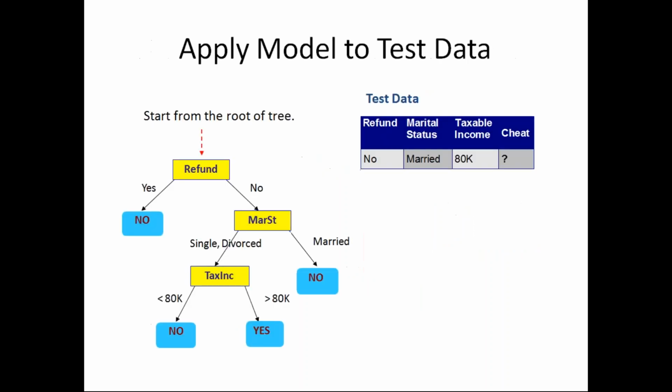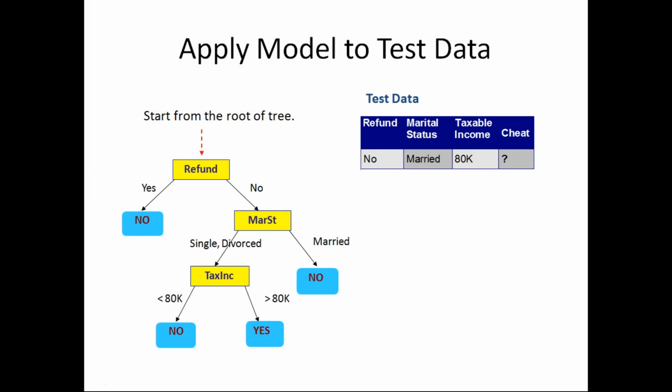Suppose you have this test data where refund is no, marital status is married, income tax is 80k, and you have to find whether cheat will be yes or no. Just see how it will go.